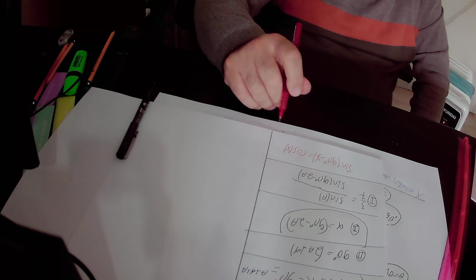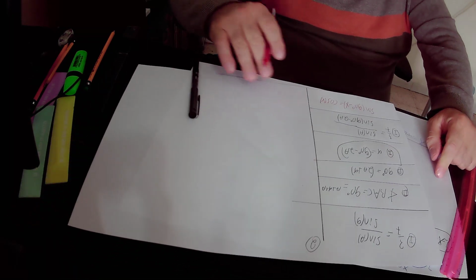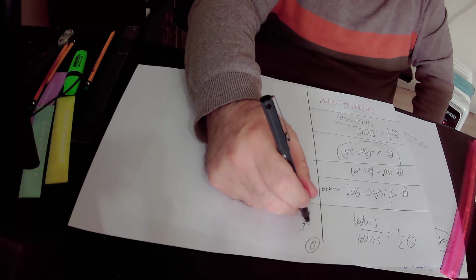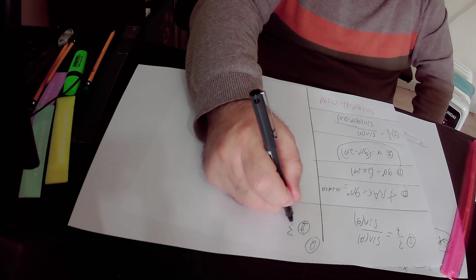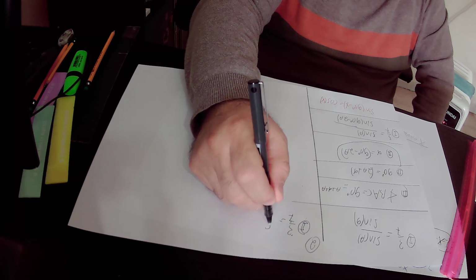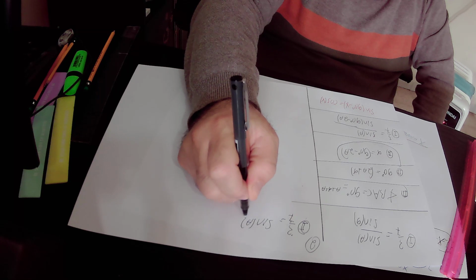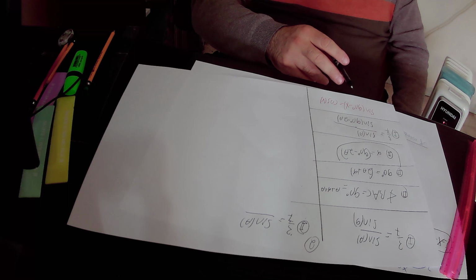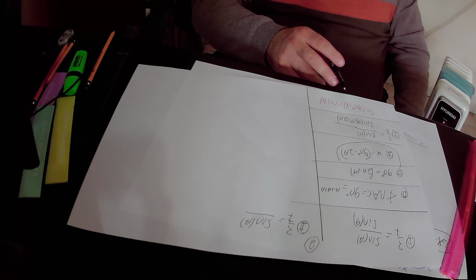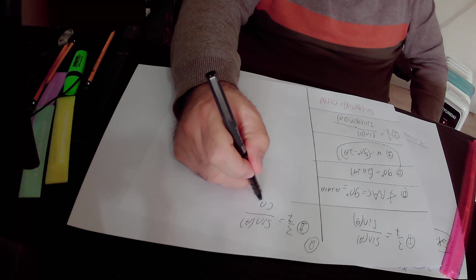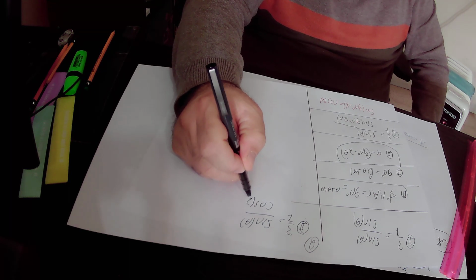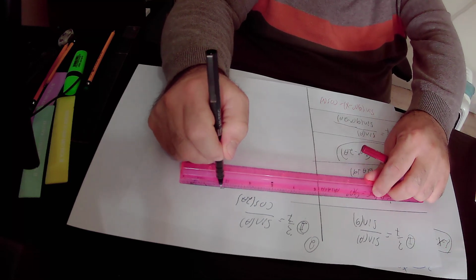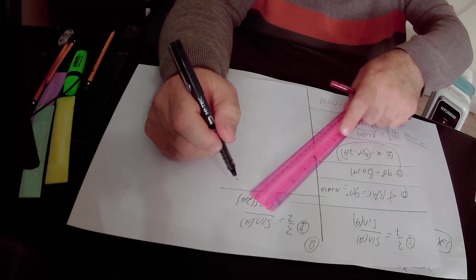So according to this trigonometric identity, sine of 90 degrees minus 2 theta will be equal to cosine 2 theta. In conclusion, according to equation number 1, 3 over 7 equals sine theta over cosine 2 theta.